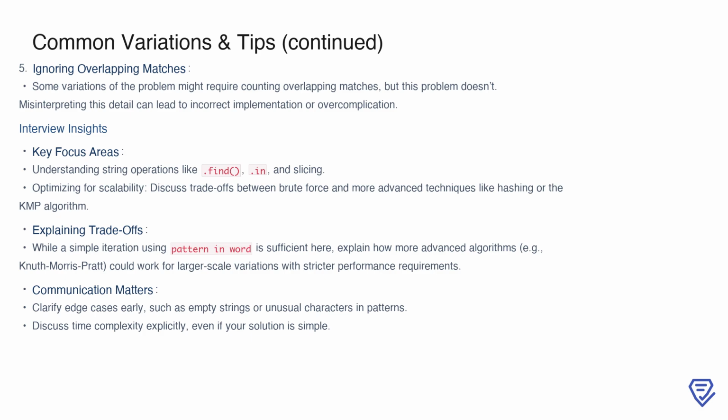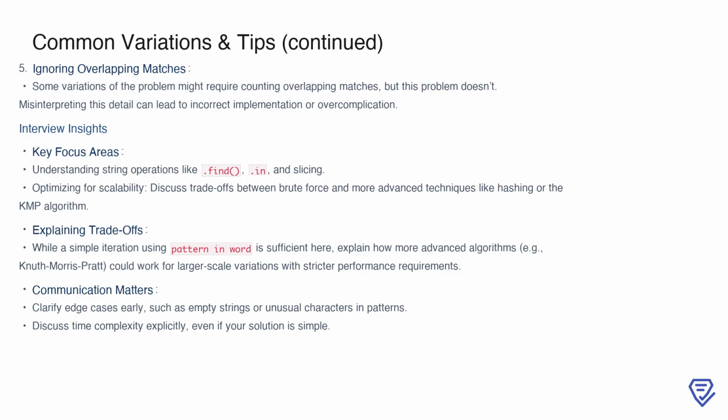Shifting to interview-specific insights, there are key areas you'll want to focus on. First, you should be comfortable with basic string operations like .find, in, and slicing, because these are foundational to solving string processing problems. Scalability is another important topic. While a straightforward approach like pattern in word works well here, you should be able to discuss more advanced techniques, such as hashing or the Knuth-Morris-Pratt algorithm, especially in scenarios with stricter performance constraints.